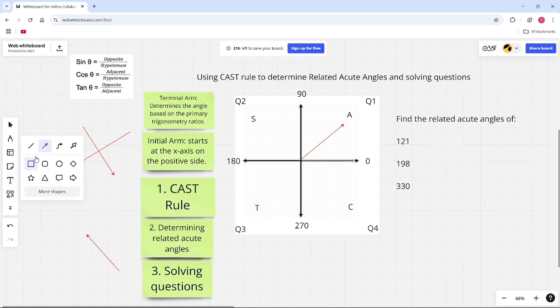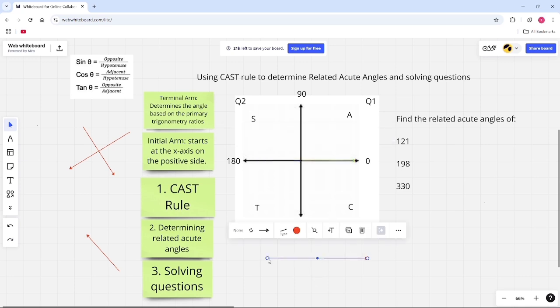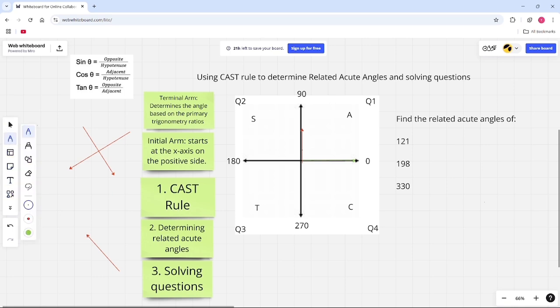So to visually see it, this will essentially be our angle that it creates with the terminal and initial arm. Now, let's say this terminal arm were to go 90 degrees perpendicular to the x-axis. That means it creates a right angle because it's 90 degrees.